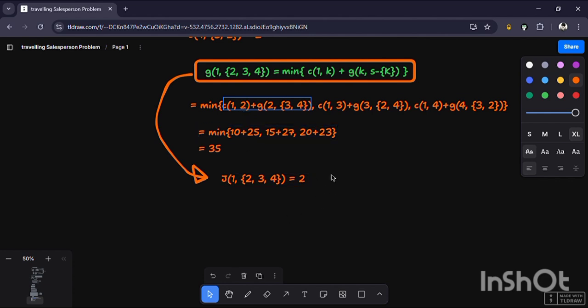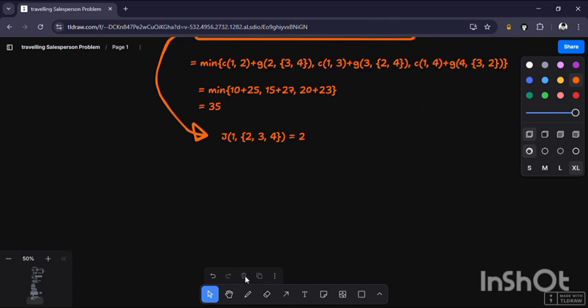So after I have calculated this, now what is the value of the second path? Second path. So at first, where was I? Let's construct the path here. At first I was at 1, right? Now I am going to 2 here. Now from 2, where will I go?